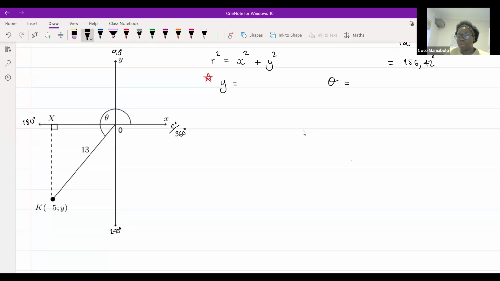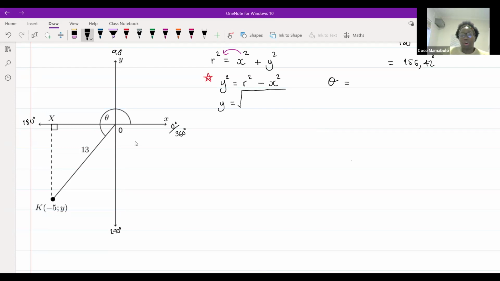That's how we would find this. Now, in this case, because y is the subject of the formula, if I move x over to the other side, I'm going to minus. So I'm going to end up with y squared is equal to r squared minus x squared. Are we all okay with how ma'am's done this? Cool, because I'm calculating for the y value. So I know y is going to equal the square root of r squared minus x squared.